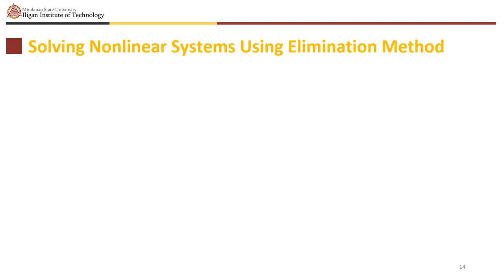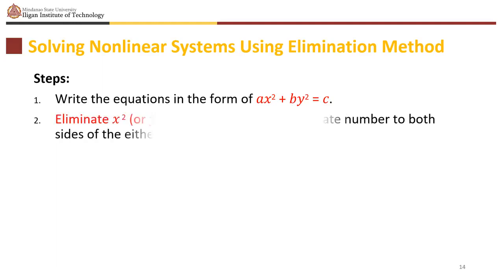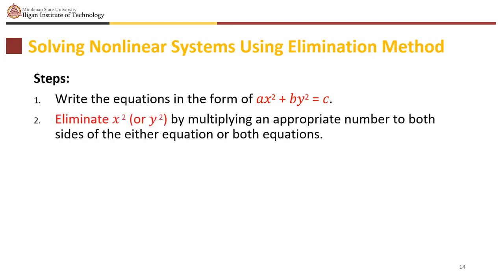So here are the steps in solving nonlinear systems using the elimination method. Write the equations in the form ax squared plus by squared equal to c, and then eliminate x squared or y squared by multiplying an appropriate number to both sides of either of the equations or both equations. Next, add the equations obtained in step 2.